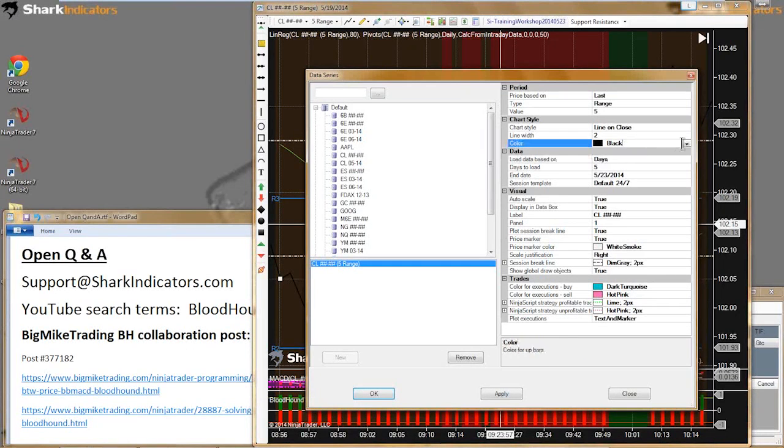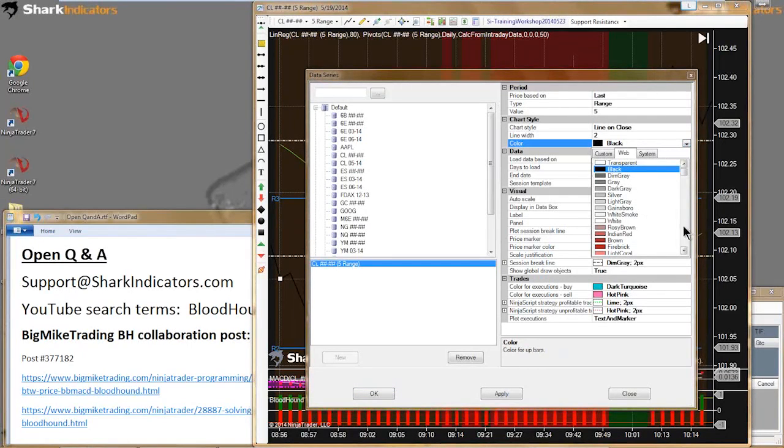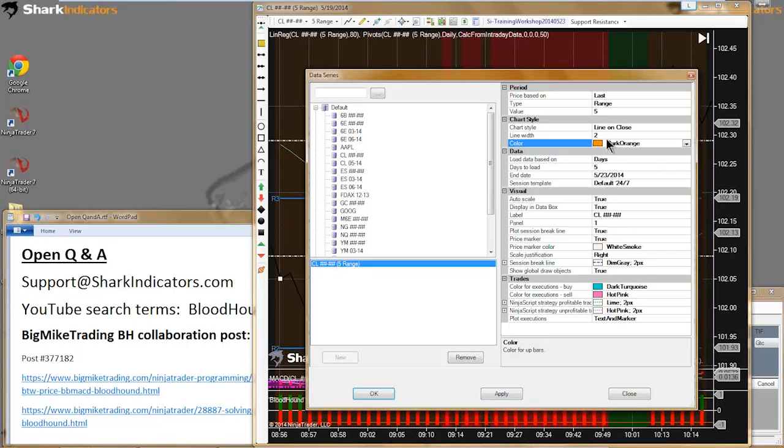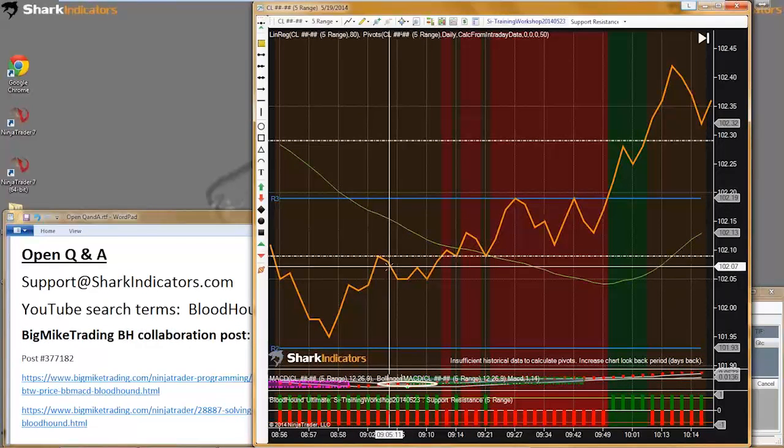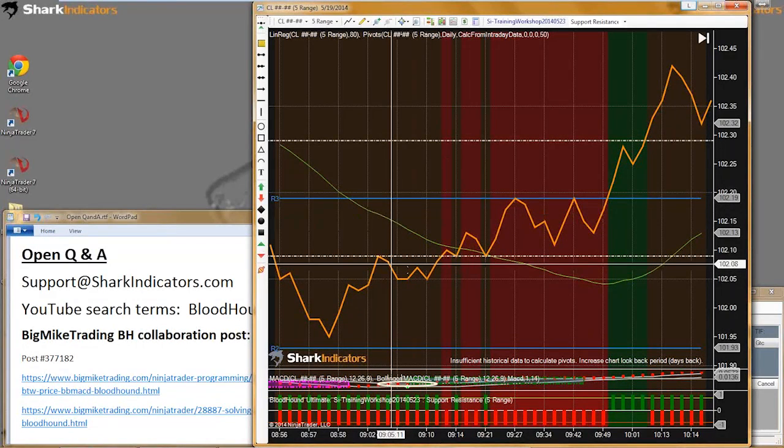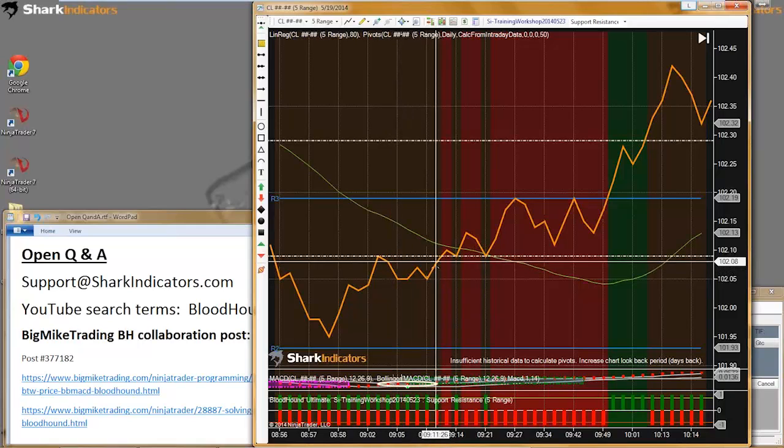All right, so here's a line, the orange line of the closing price.